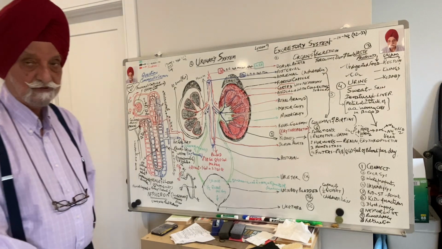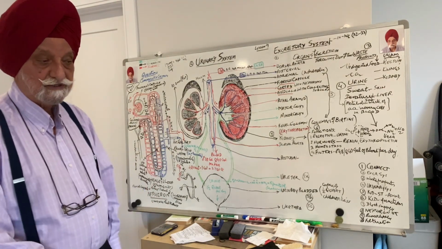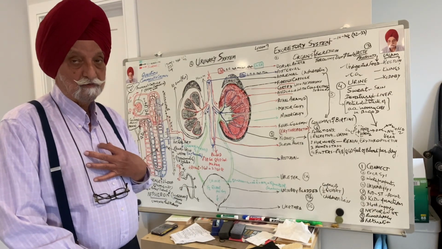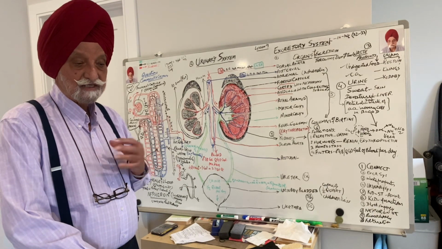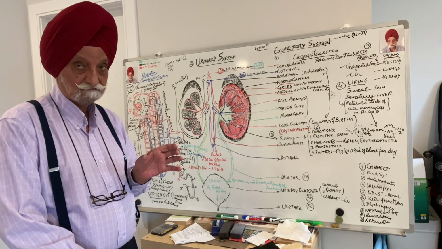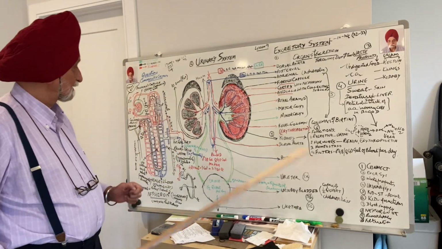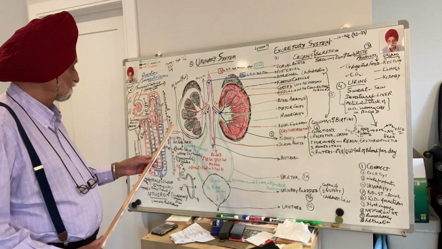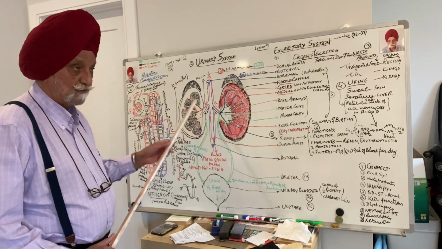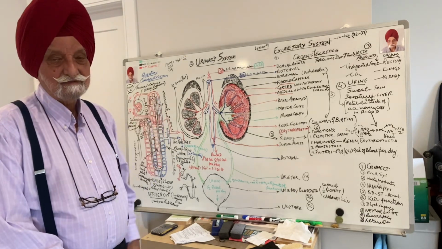Now we come to the kidneys. We have a pair of kidneys situated on the dorsal side of our body, placed on either side of the vertebral column. Each kidney is around 10 centimeter long and 6 centimeter broad and roughly 4 centimeter in thickness.